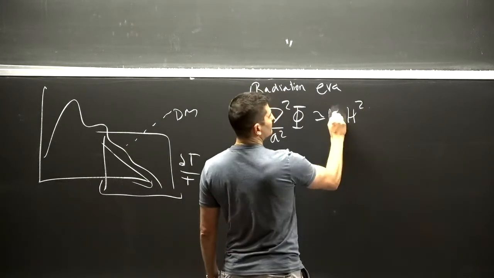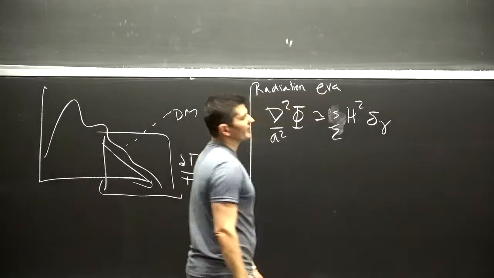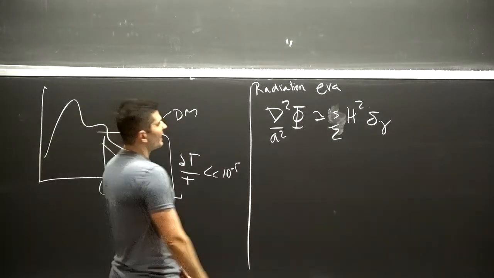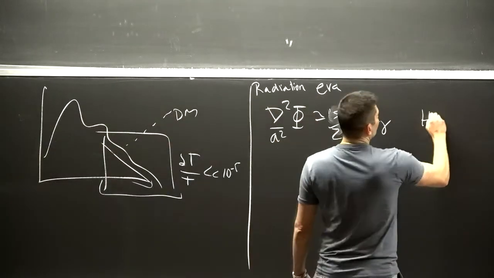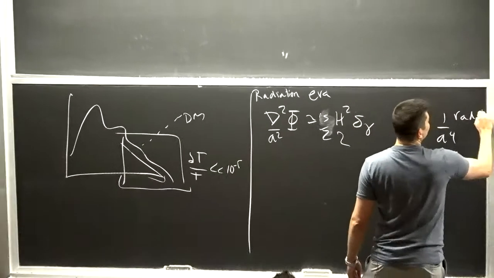Where these are now the fluctuations of the photon baryon fluid because they dominate the universe. And H goes like 1 over a to the 4th because of radiation. I think I screwed that up on the other board.